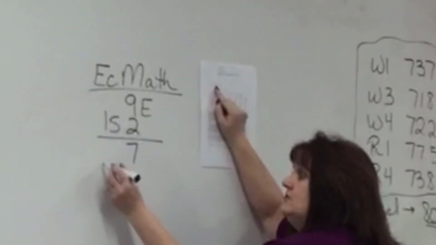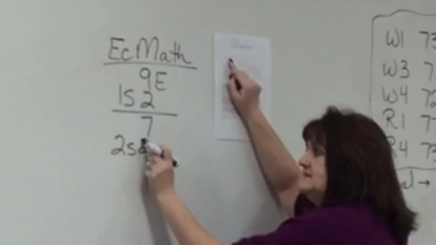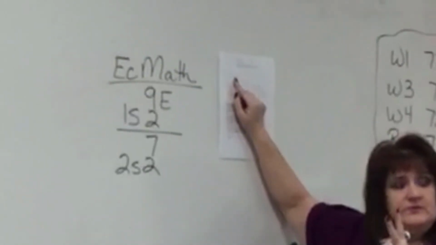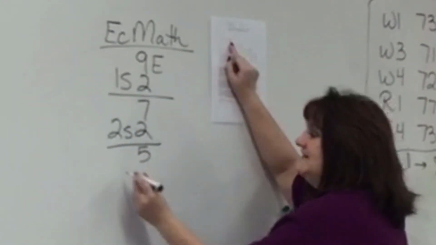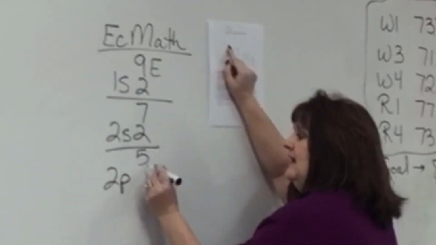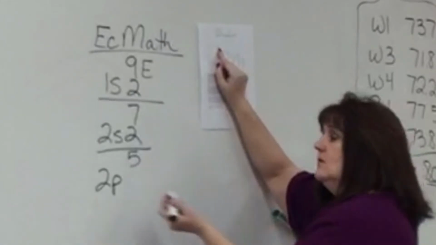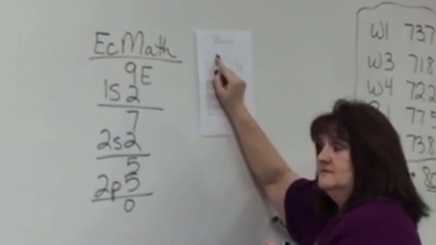I go to 2s, following the arrows on the chart. 2 people could sit down because the S section only holds 2. Now I have 5 people. I take them to 2p. 2p will hold 6 people, or electrons, but I only need 5 spots.